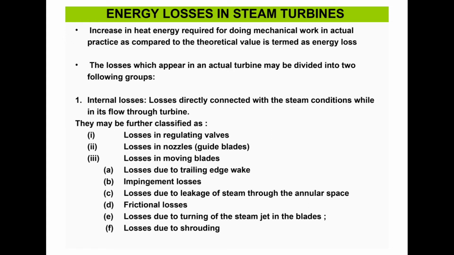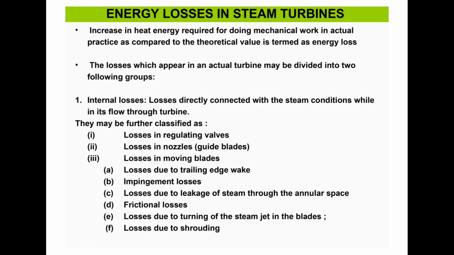Third, losses in moving blade: A, the losses due to trailing edge wake; B, impingement losses; C, losses due to leakage of steam through the annular space. The frictional loss is also another important loss. The losses due to turning of the steam jet in the plates.